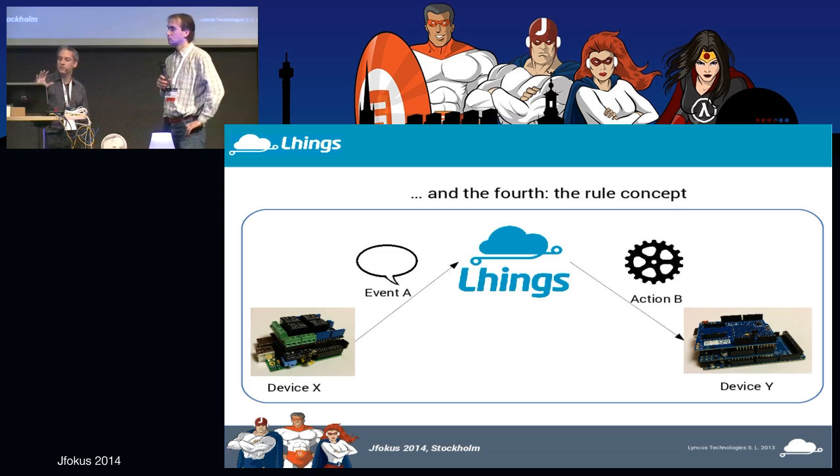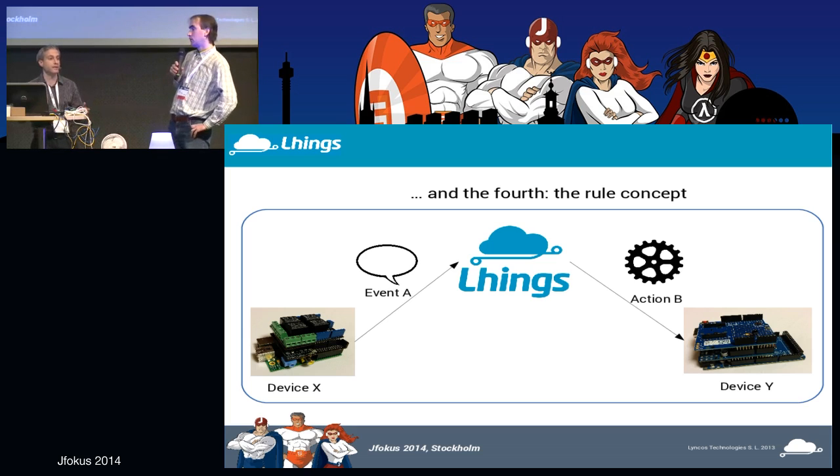And in Lhings, we do it through the concept of rule. A rule is basically that a device X sends an event A, and when that happens, Lhings triggers action B on device Y. And we configure all these kinds of rules through the web interface of Lhings, and it can also be done through the REST API we have.